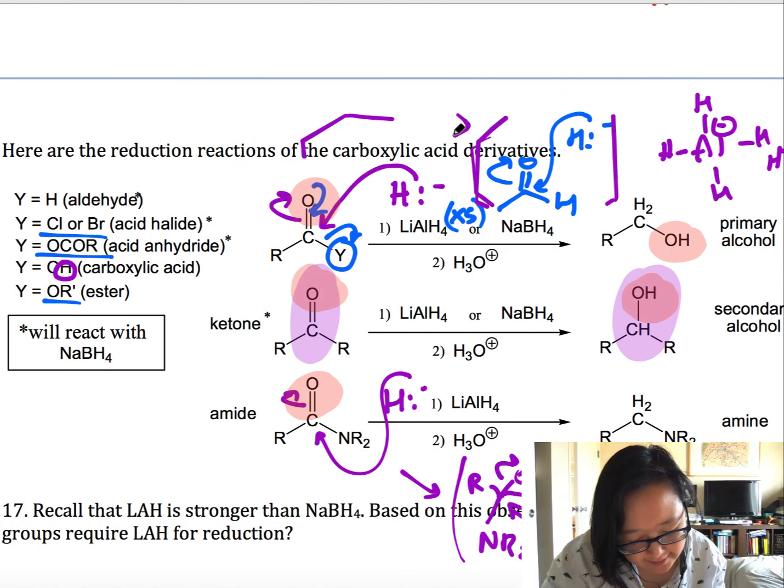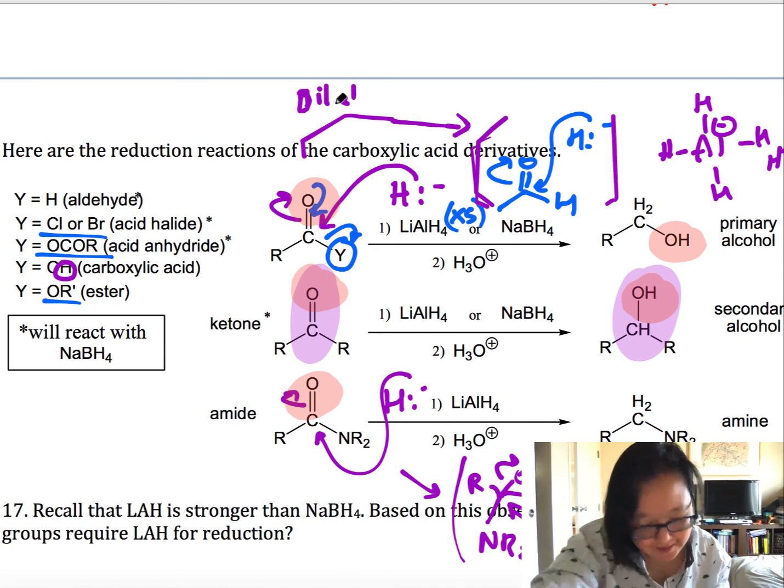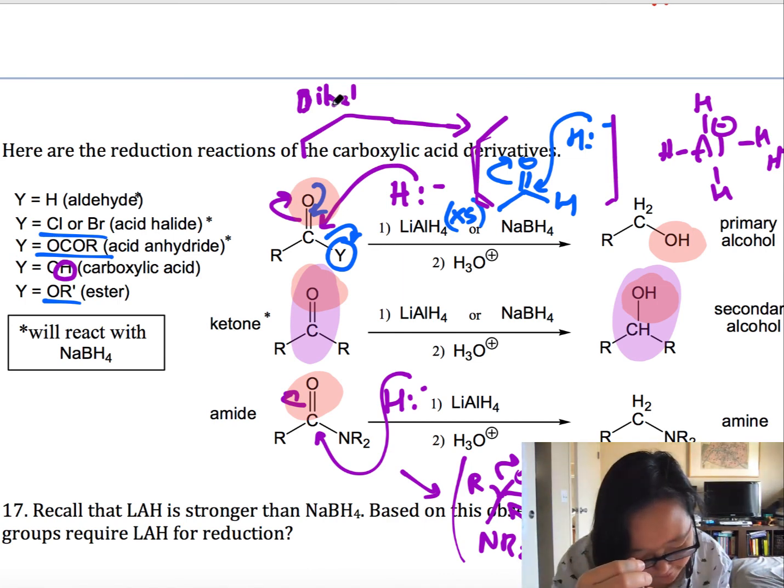And excuse me for my pencil here, it's not working. We would use something called DIBAL-H, which you also sometimes see as a modified hydride reagent. I'm sorry, this is not working. DIBAL, DIBAL-H.